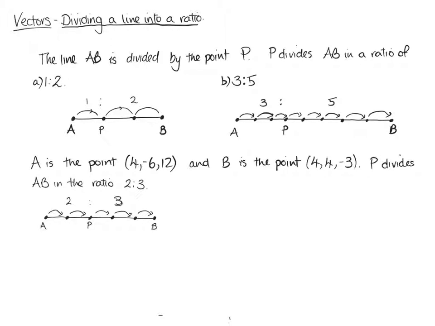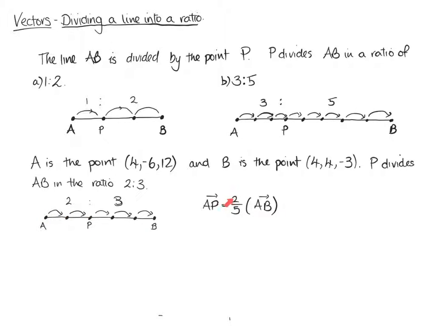We can see that P is 2 jumps out of 5 away from A towards B. So we can say that from A to P is going to be 2 out of 5, 2/5 of the distance from A to B. Because we've got 1, 2, 3, 4, 5, so that's the bottom of our fraction, the denominator, and we've only gone 2 of them.